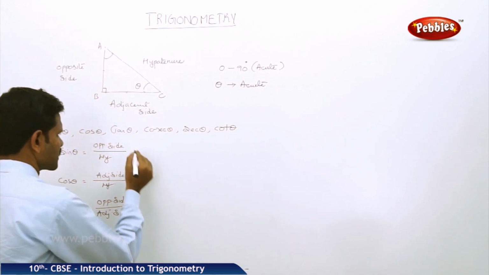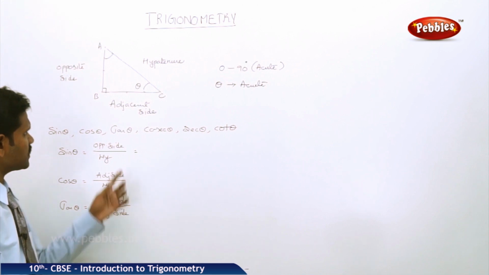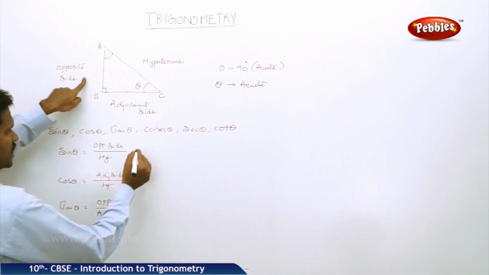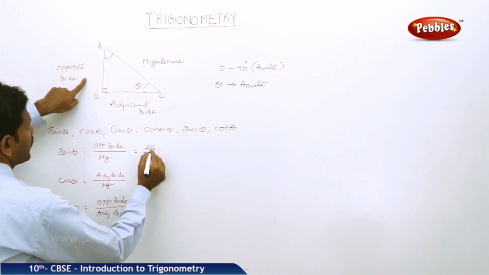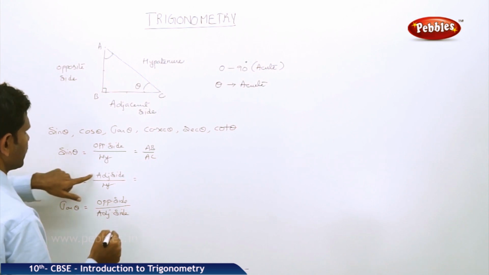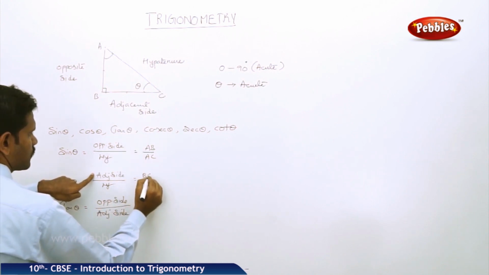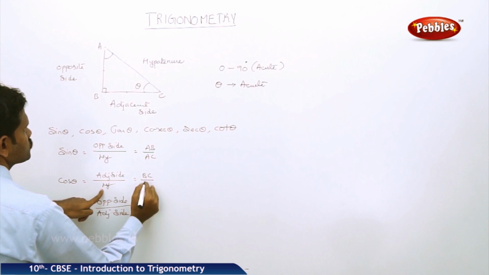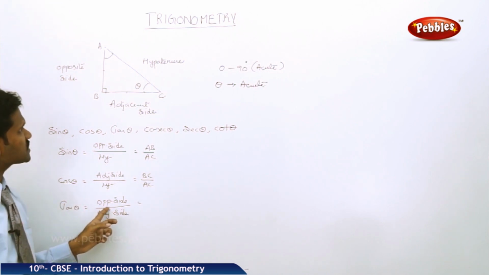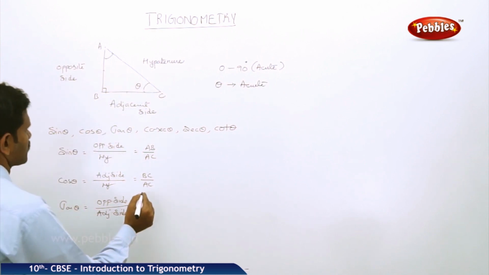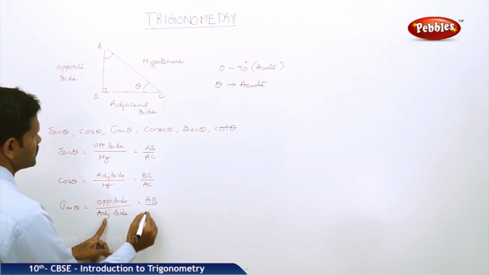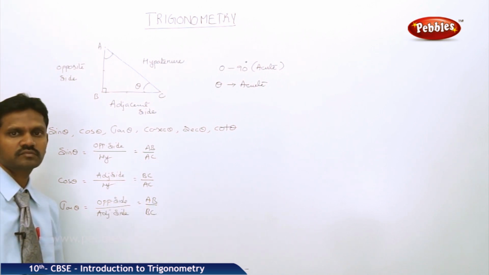Now let us consider from the diagram: the opposite side is AB, by hypotenuse AC, that is sin theta. Cos theta: adjacent side is BC by hypotenuse AC. Tan theta: opposite side is AB by adjacent side BC.